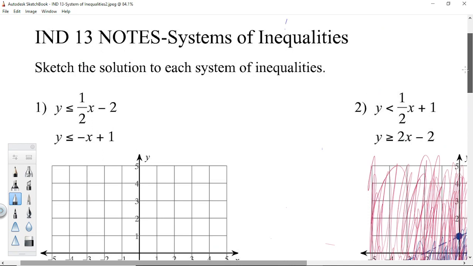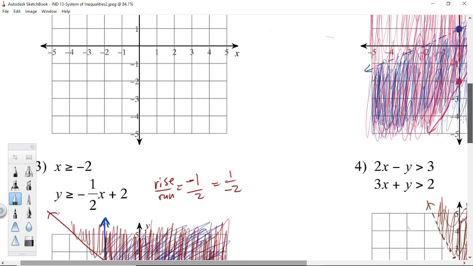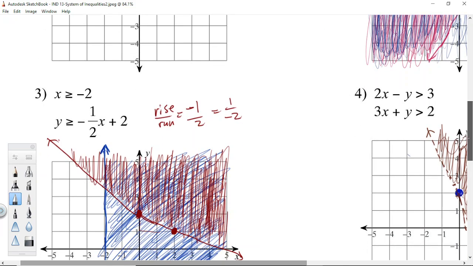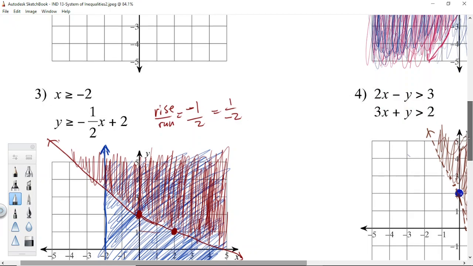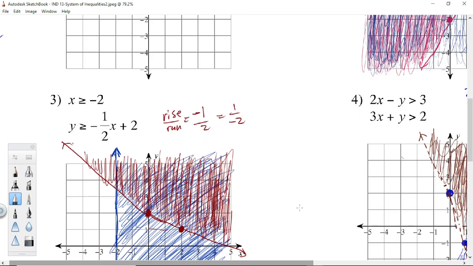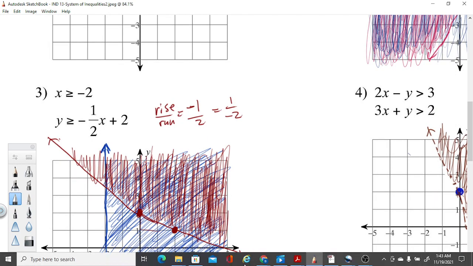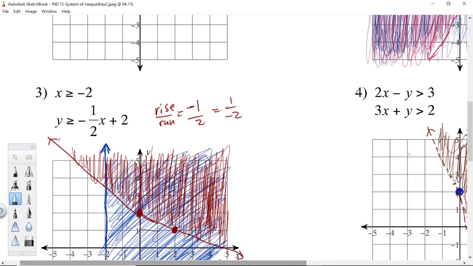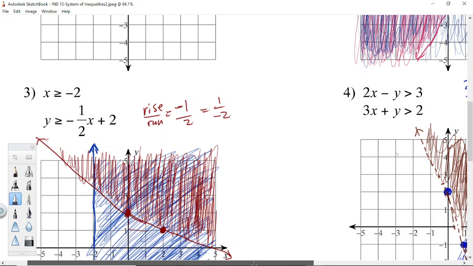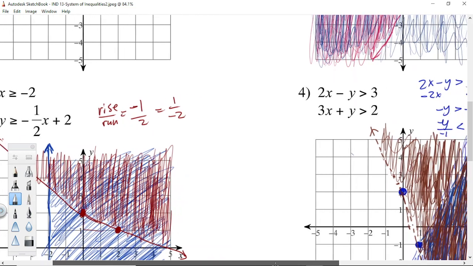The first one, slope intercept form already. 3 and 4 also had most of those are in, well, I'm sorry, number 3, one of them's in slope intercept form, one of them is just a vertical line, x greater than or equal to -2.